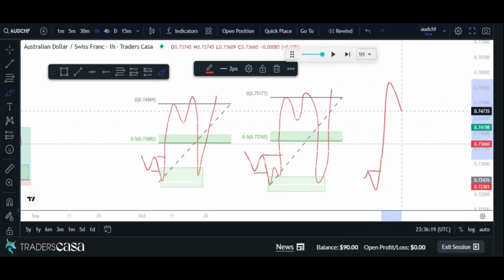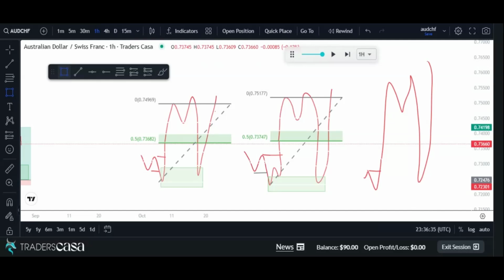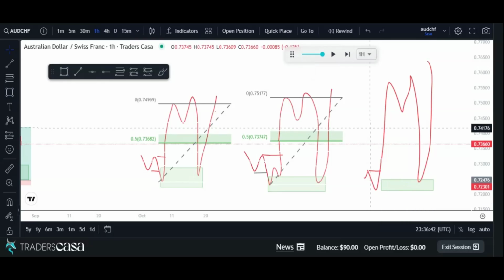Then it gives you the inducement, comes to your POI and the buy up. Good.